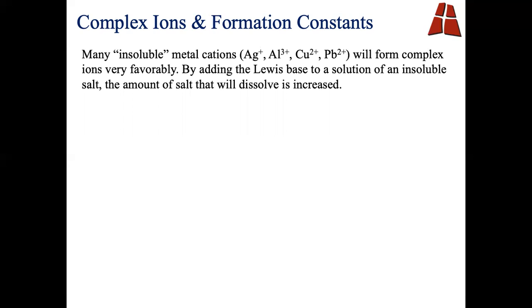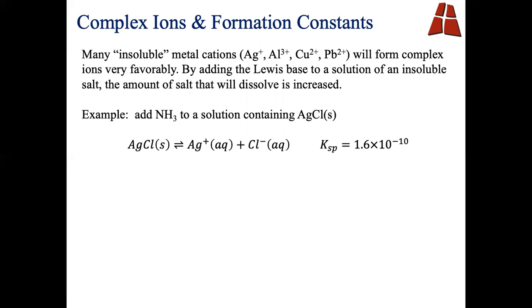Many insoluble metal cations, typical ones being silver, aluminum, copper, lead, will generally form complex ions very favorably. If we add a Lewis base to our solution, that may help us increase our solubility. An example: silver chloride has a Ksp value of 1.6 times 10 to the negative 10th, so quite insoluble.